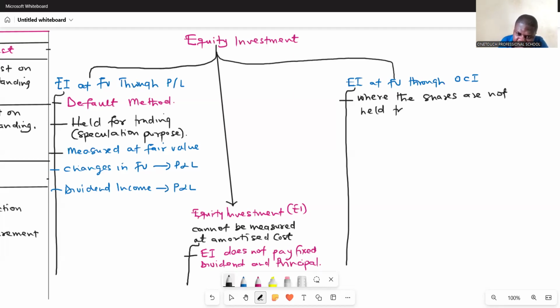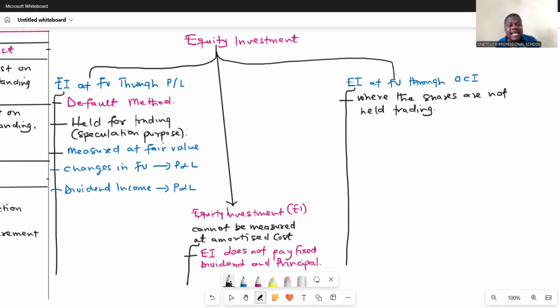Please, it does not mean that whenever the shares are not held for trading, it's at fair value through OCI. No. It can be at fair value through P&L or through OCI. P&L is the default method, but OCI comes with conditions. Number one is if it is not held for trading.